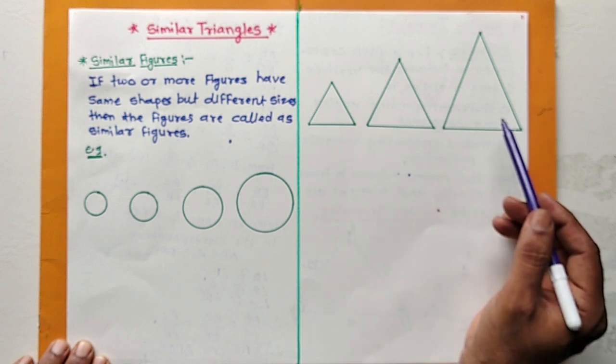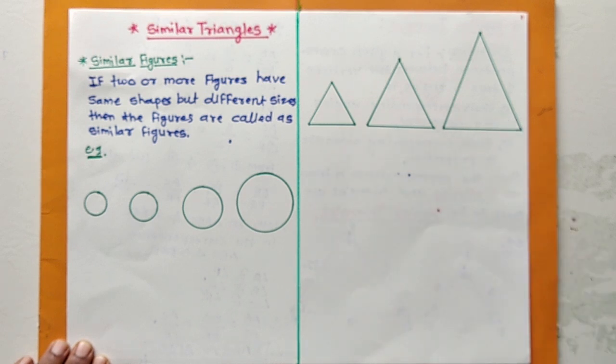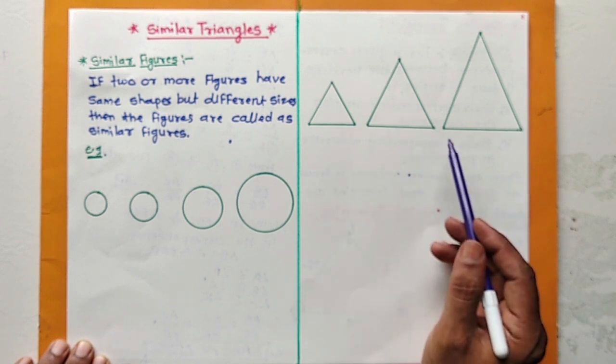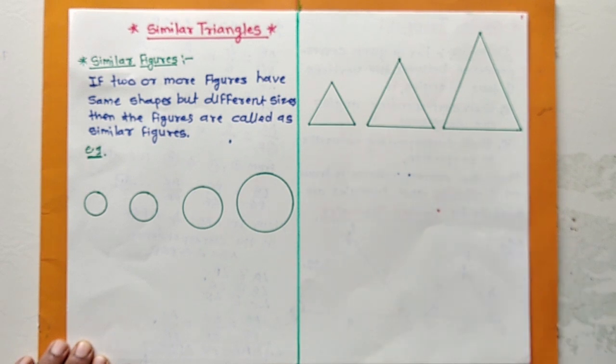Are these three figures similar? In general, we can say that these three triangles are similar. But these three triangles are not similar.